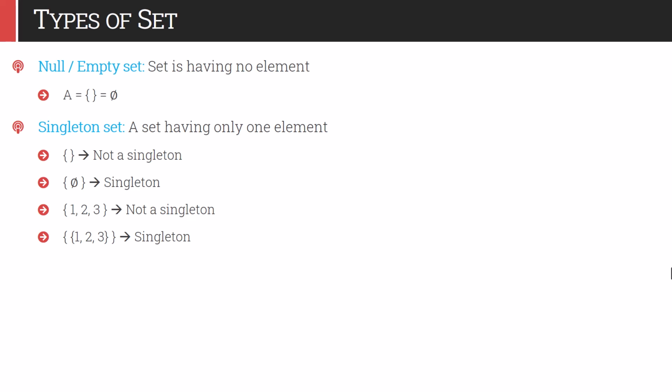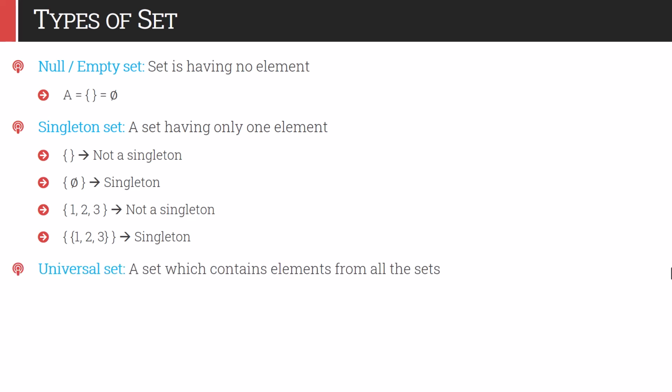So if you find the cardinality of all 4 sets, then first set has cardinality 0, second set has cardinality 1, third set has cardinality 3, and fourth set has cardinality 1. So in other words, we can say that set is a singleton set if its cardinality is 1, or there is only one member in the set.